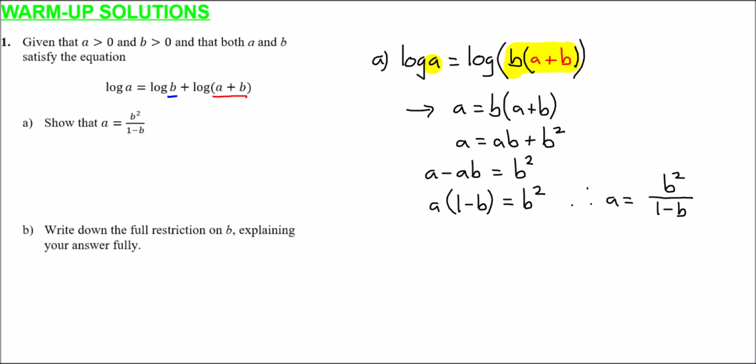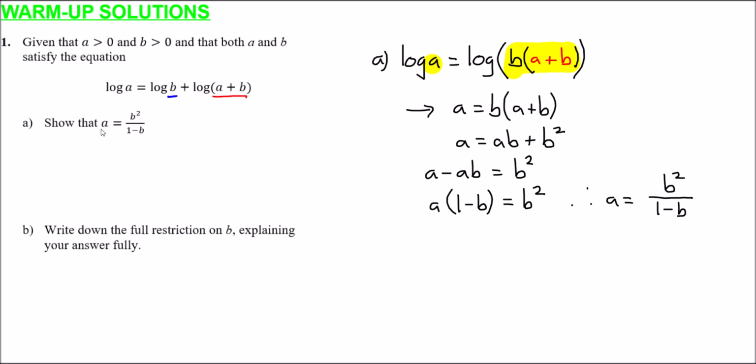For part B, it says to write down the full restriction on B, explaining your answer fully. So we've got a partial restriction on B. We're told that B has to be greater than 0. Remember, we can only take log of positive values, so that's fairly self-explanatory, but what else can we say about B?